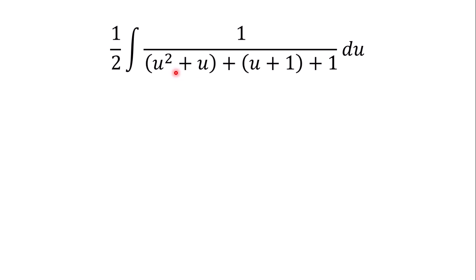u is common here, so u will come out and it will be left with u plus 1. When you come here, it's the same thing as u plus 1, but still 1 will come out.